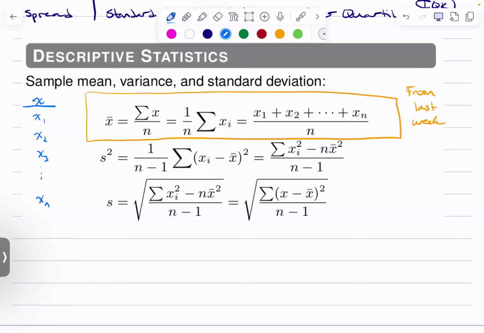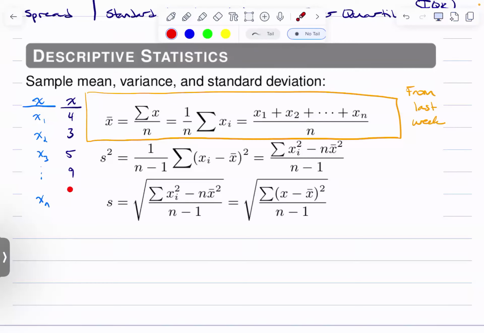If I gave you a list, like if X was 4, 3, 5, and 9, and I asked you to find the average of these numbers, you know how to do that, right?